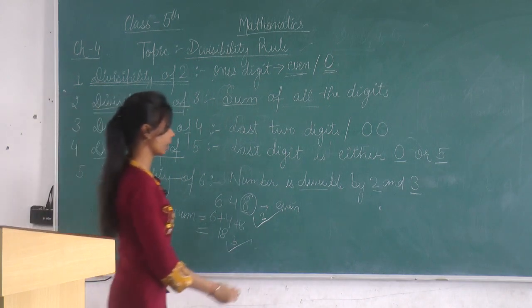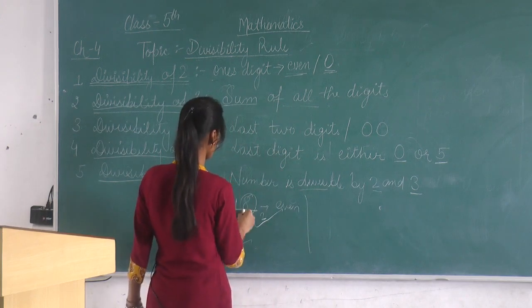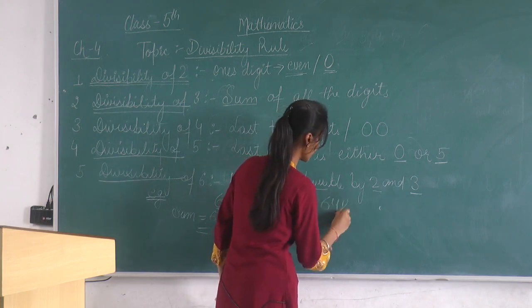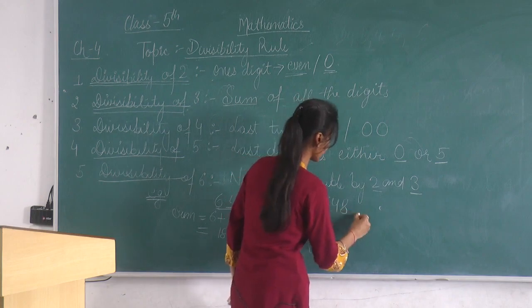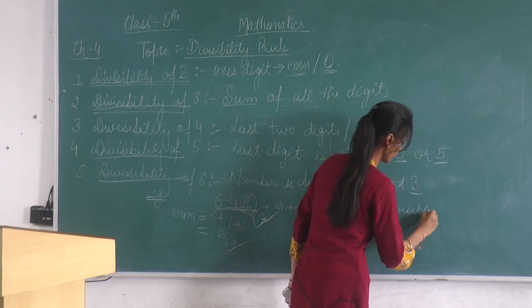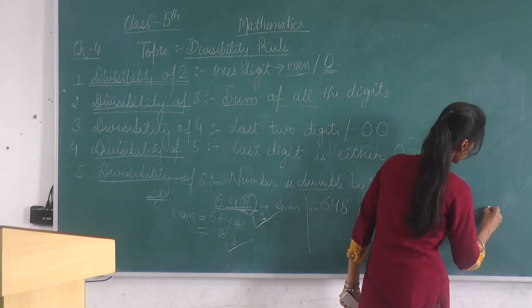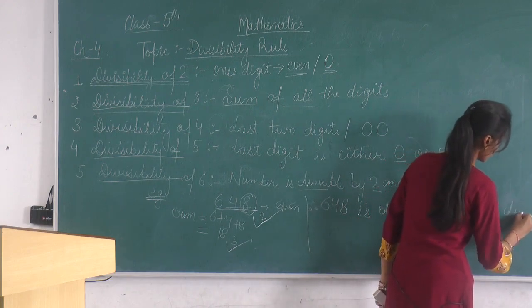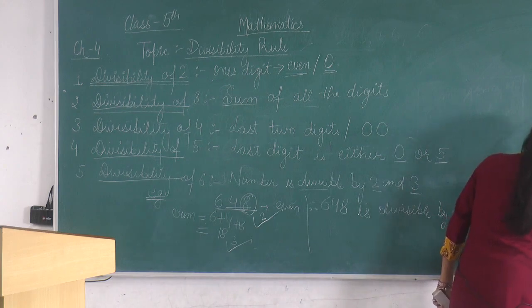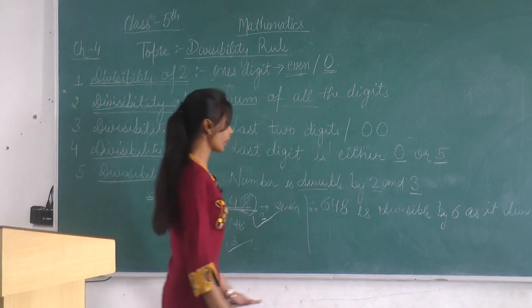Now we can say that the number we have taken, 648, is divisible by 6 as it is divisible by 2 and 3.